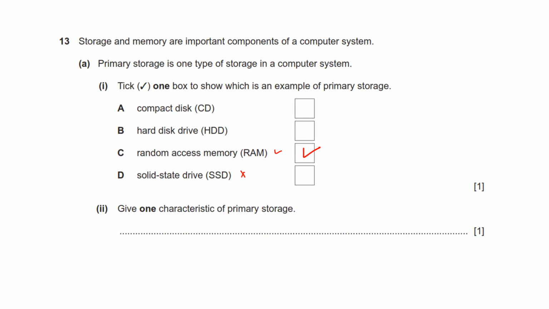Then part 2, it says give one characteristic of primary storage. It can be volatile and can be not.